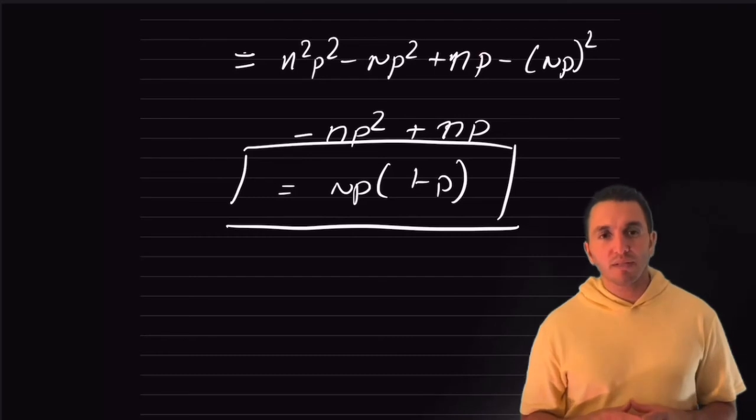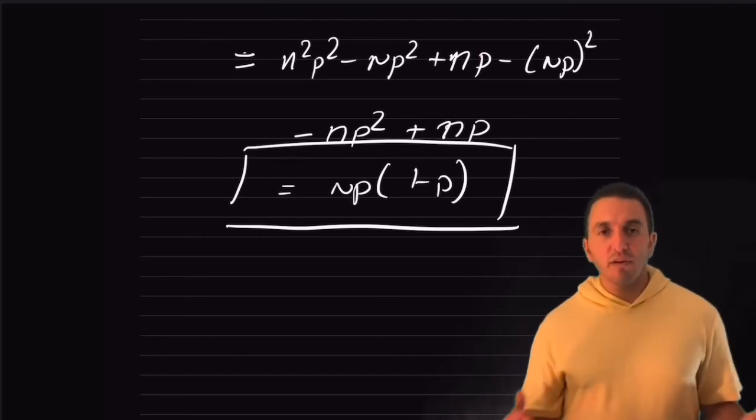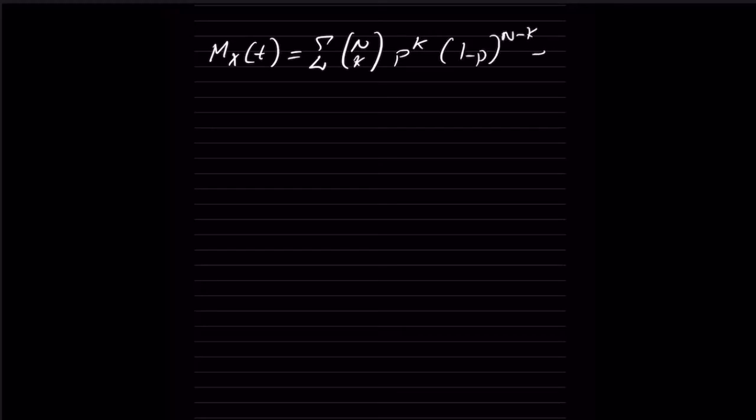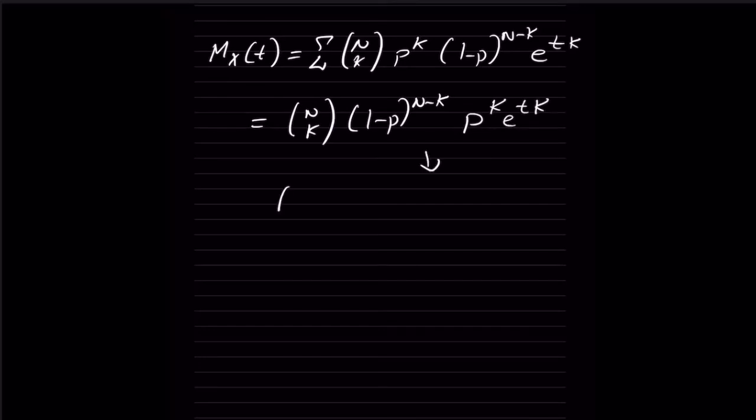because now we're going to do the same thing on our whiteboard using the moment generating function. So first, let's just recall the moment generating function for the binomial random variable looks like this. The first step to notice is that because we have the number e, we can rewrite it as n choose k, 1 minus p to the n minus k, p e to the t, whole thing to the k.